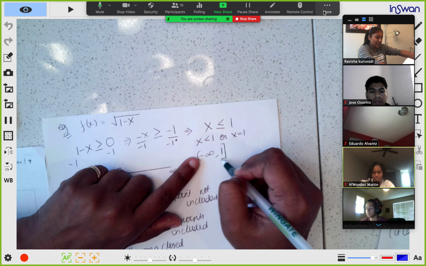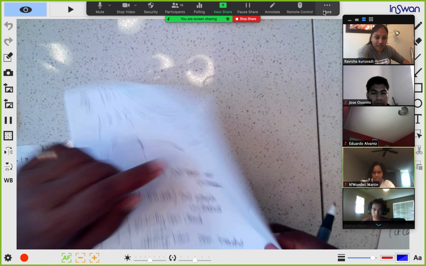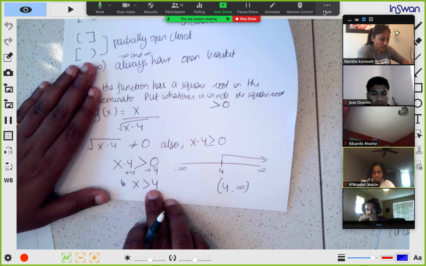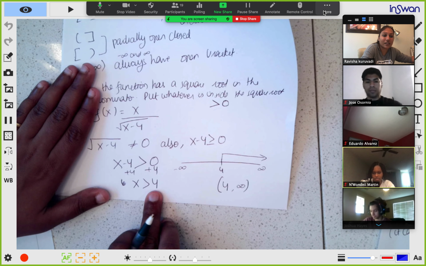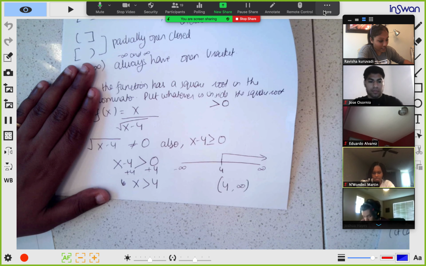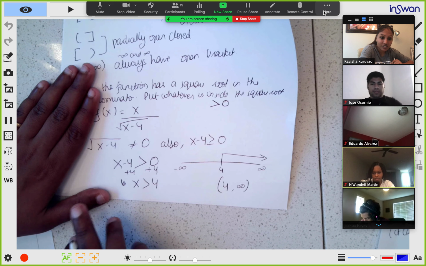But in this example, it's just greater than. There is no equal to. My x cannot be equal to 4. It has to be greater. It can be 4.001, but it cannot be 4. That's why at 4 it's open. Did you get it?